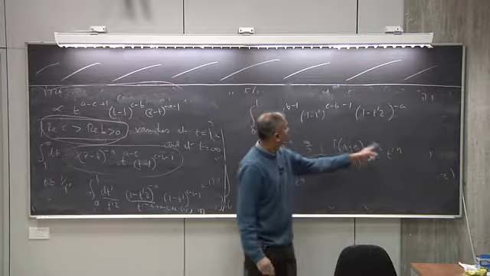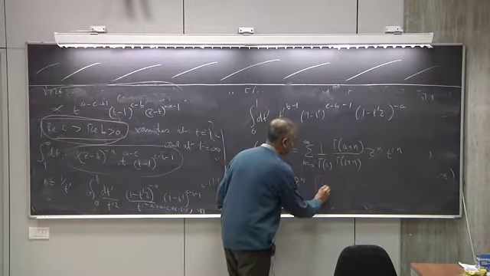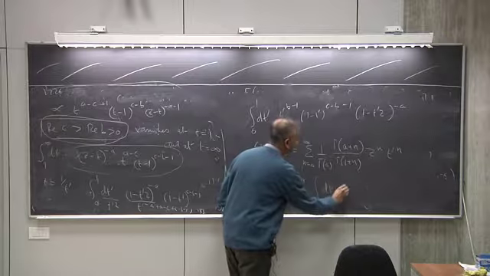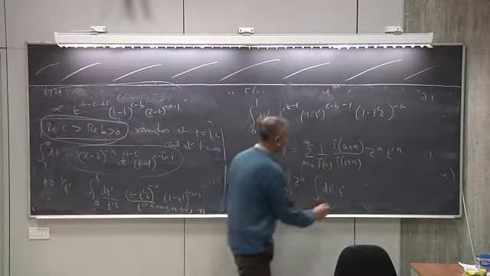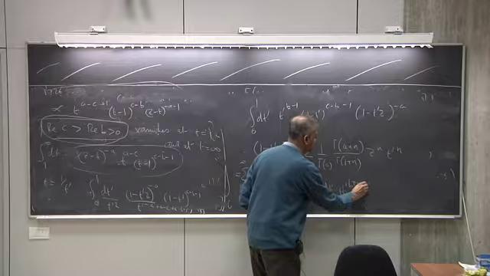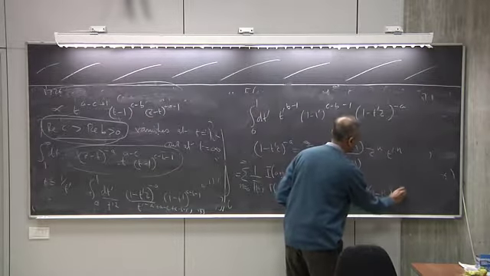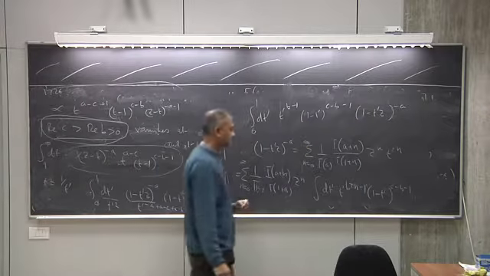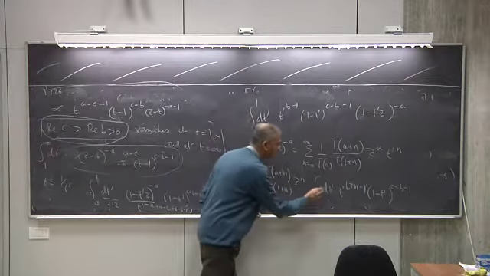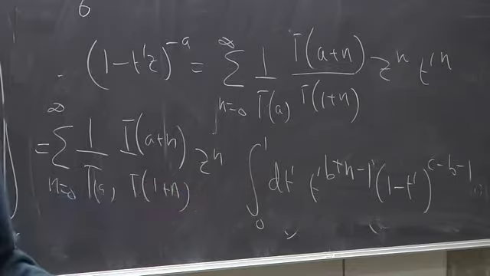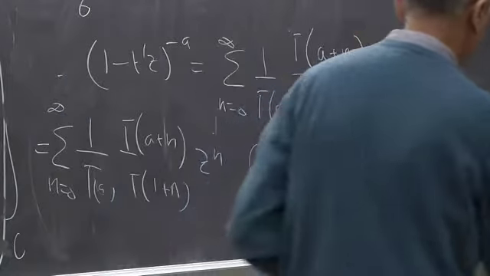And then I have to integrate t prime to the n times t prime to the b minus 1, so t prime to the b plus n minus 1, and (1 minus t prime) to the c minus b minus 1, dt prime from 0 to 1. Do you remember this integral? This integral was giving you the beta function, right? So we can explicitly put all together.